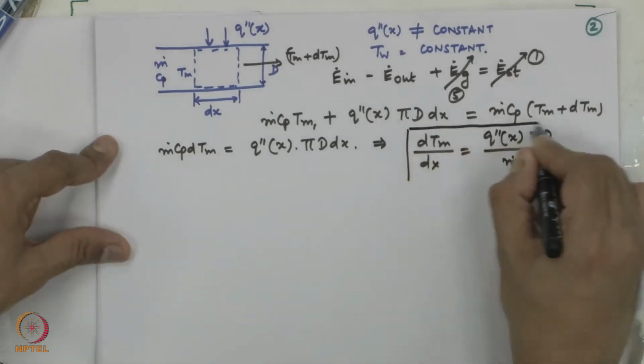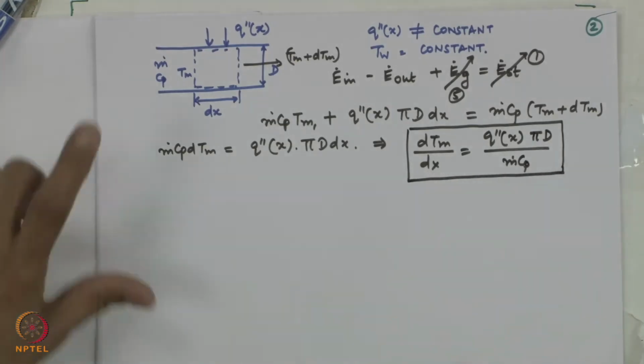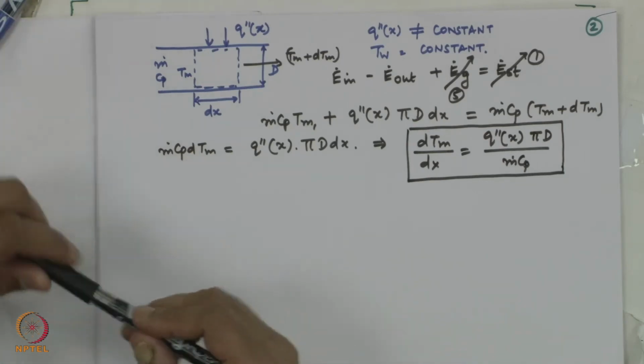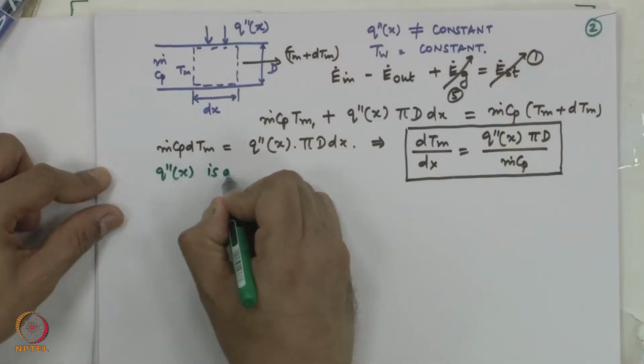This is exactly what we had derived earlier for the heat flux equal to constant case, because nowhere in doing the energy balance have we invoked the constant wall temperature assumption. We just started with the basic energy balance. So, the equation lends itself to an identical form, except that q double prime of x is a variable now.